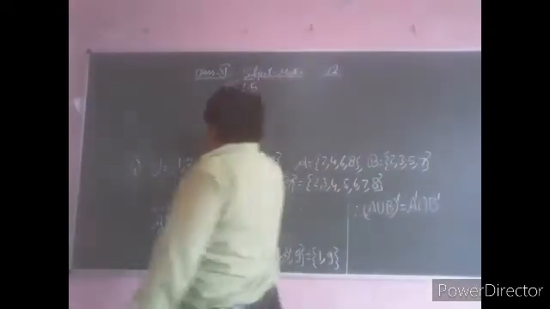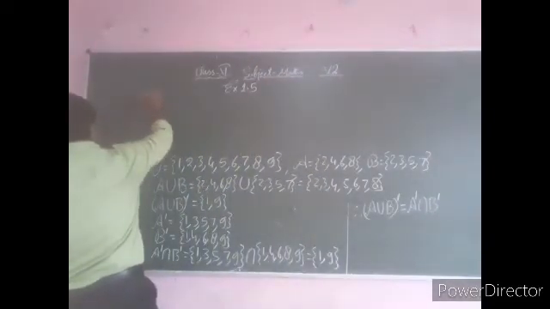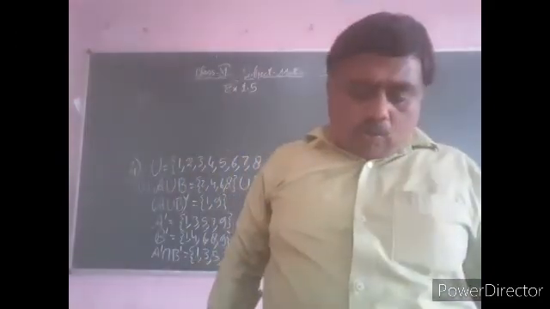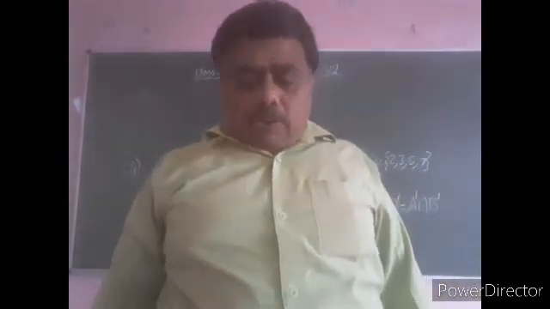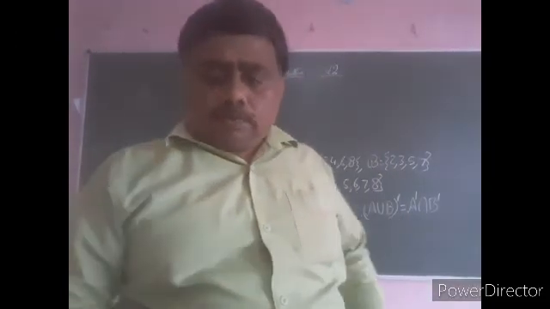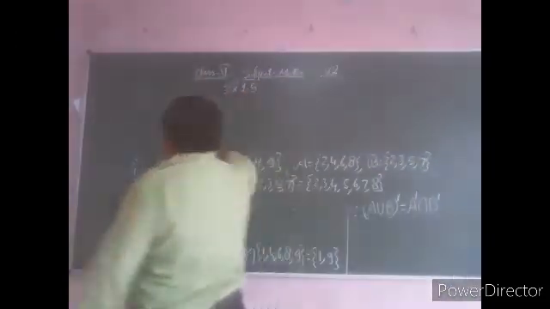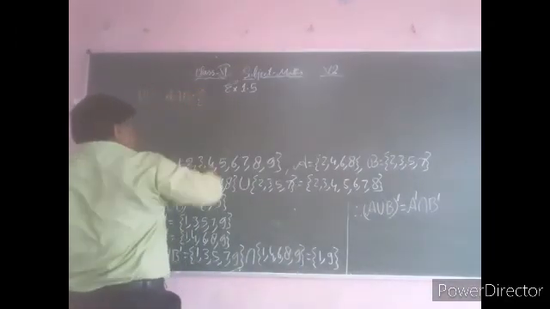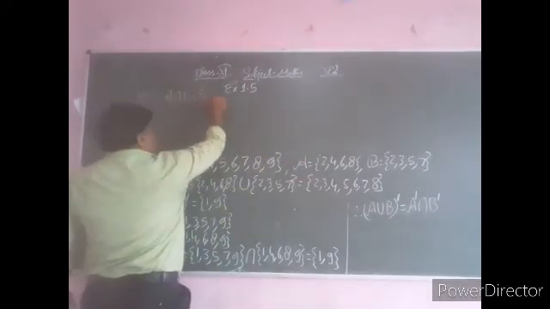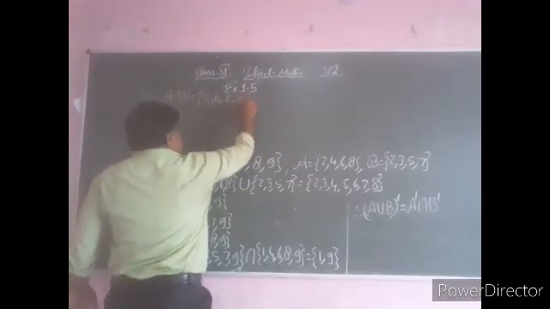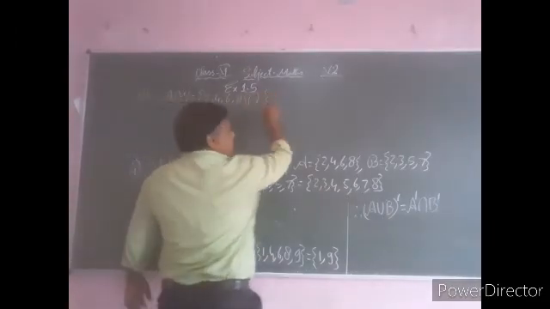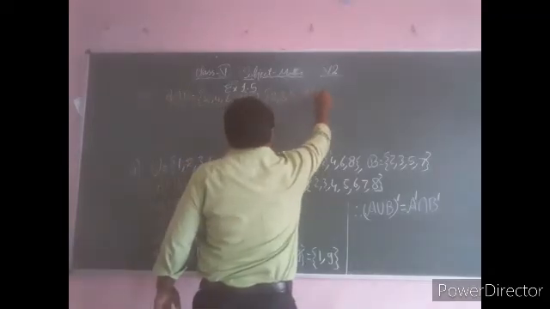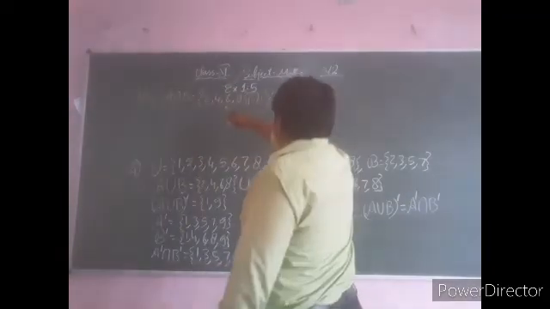Now the second one: A intersection B complement equal to A complement union B complement. So first of all, find out A intersection B. A intersection B is 2, 4, 6, 8 intersection 2, 3, 5, 7.